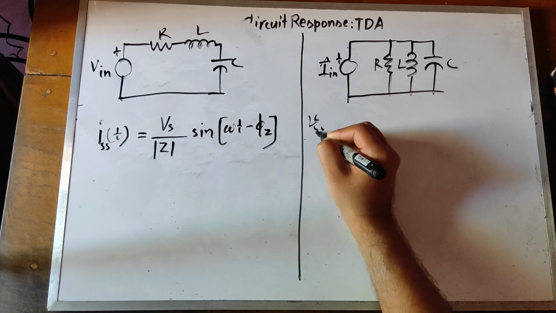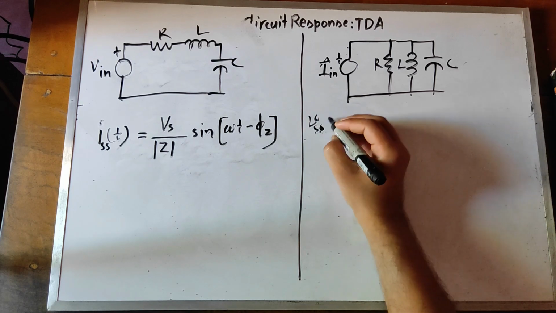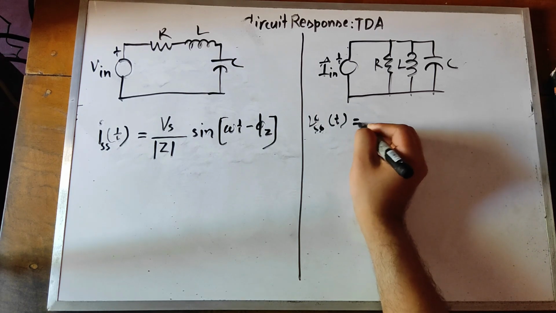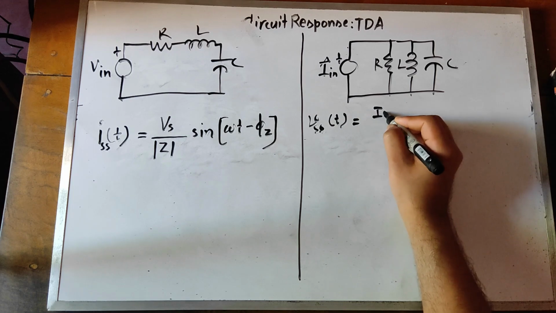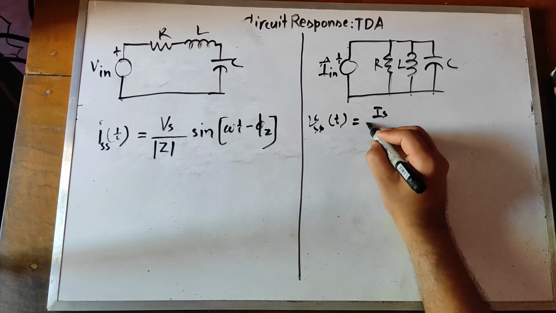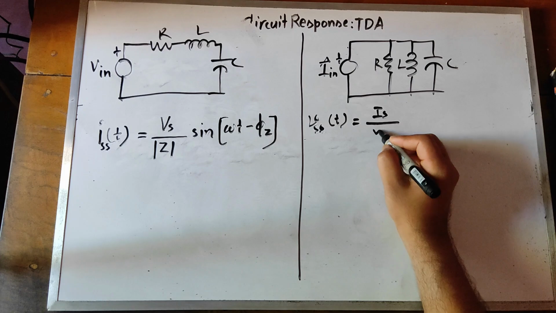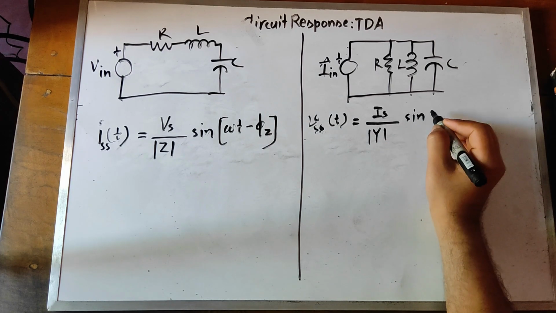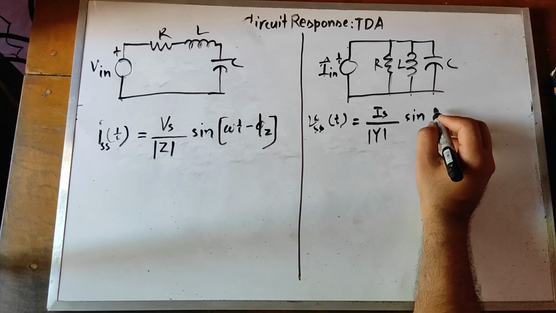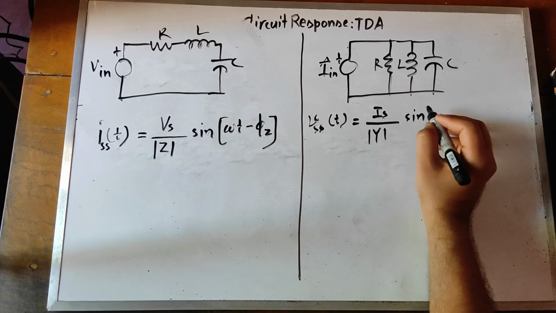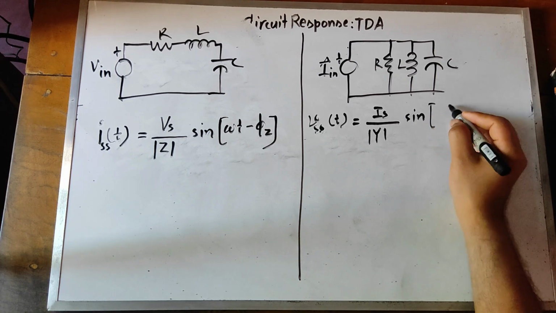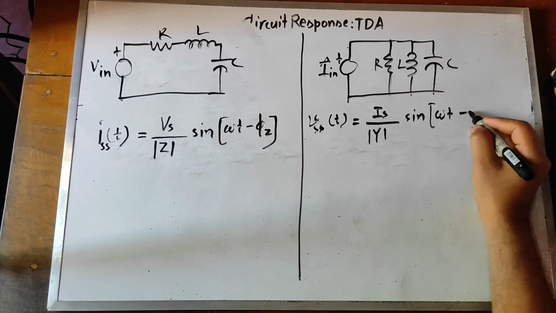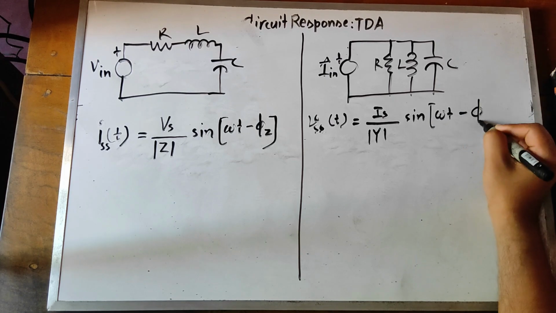So V steady state of t is Im, the magnitude of the excitation, by admittance, sine omega t minus phi Y.